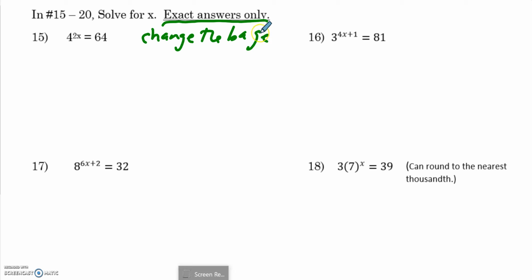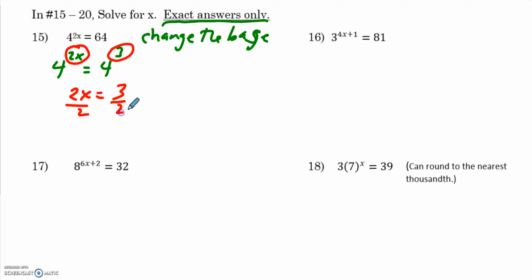I notice that 64 can be written in terms of the base of 4. So this could be 4 to the 2x equals 4 to the third, because 4 times 4 times 4 is 64. And as soon as you have the same base, the exponents must be equal. So 2x would equal 3. So if I left my answer exact, x would be 3/2.